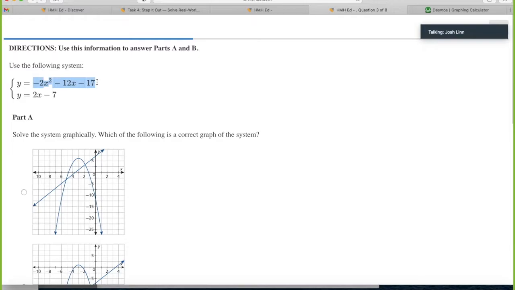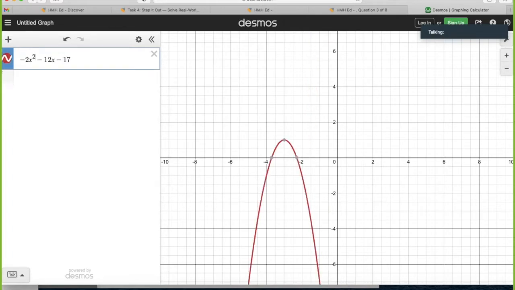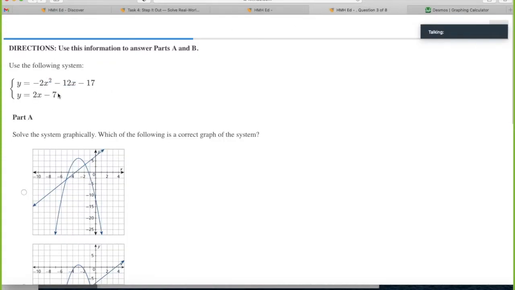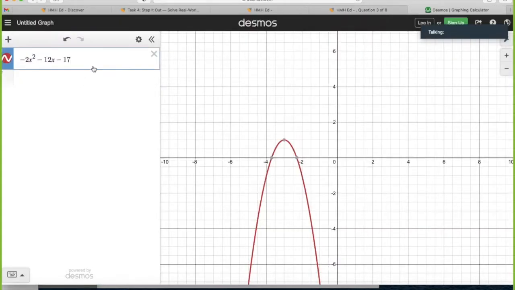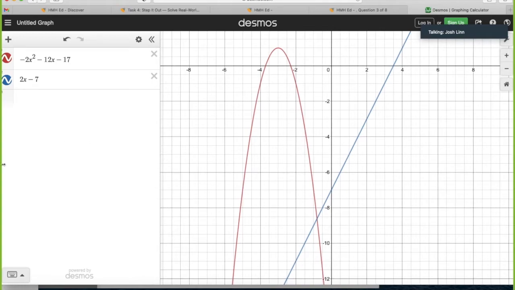So the joy about the website is I can copy. It never gets the squares though. Oh, get this one. So that's our graph. That's what we're looking at.